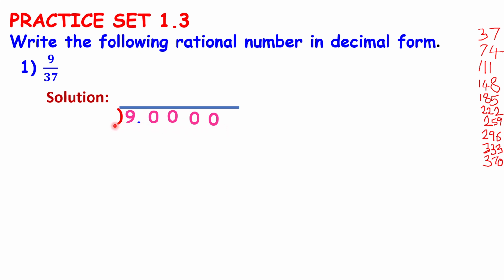We have to write this number in non-terminating recurring decimal form. We have to divide 9 by 37. So 9 is smaller than 37. Then here is 0. Then we have taken a point here.